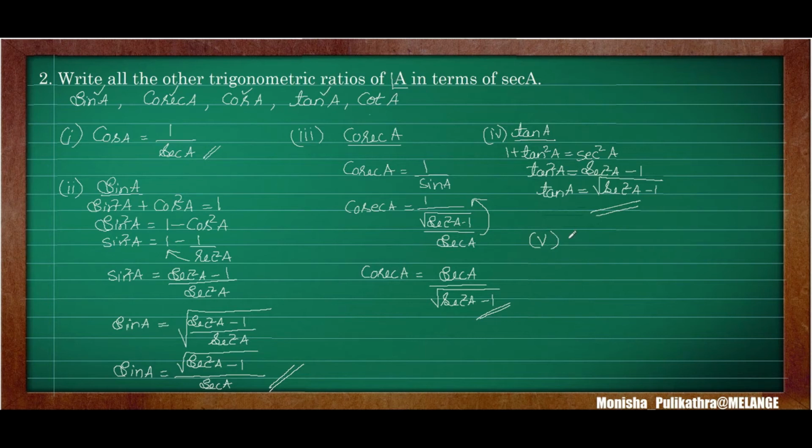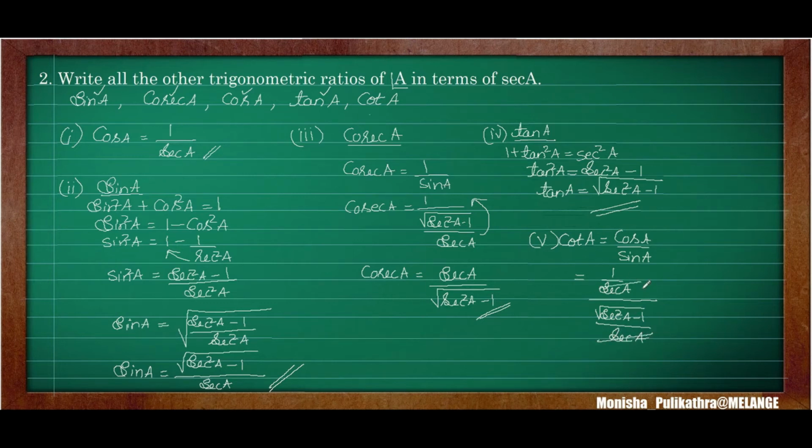Okay. Next, last one is cot A. We know that cot A is equal to cos A by sin A. Cos A is 1 by secant A, right? And the derivation of sin A is square root of secant square A minus 1 whole divided by secant A, right?